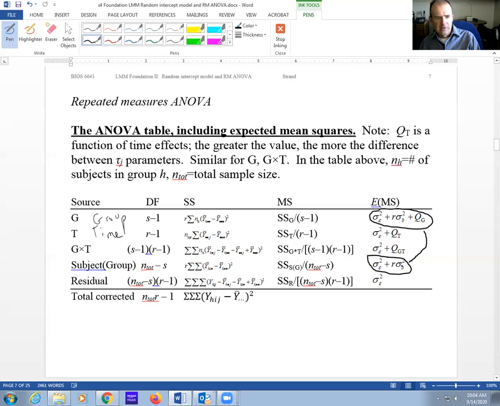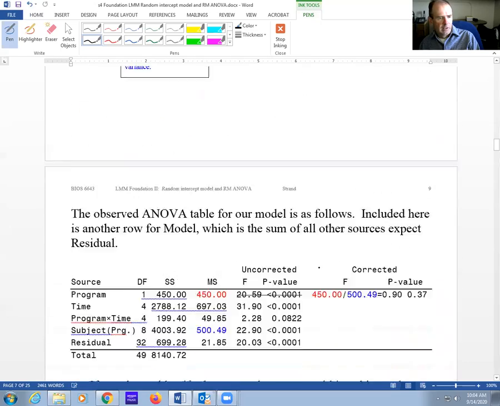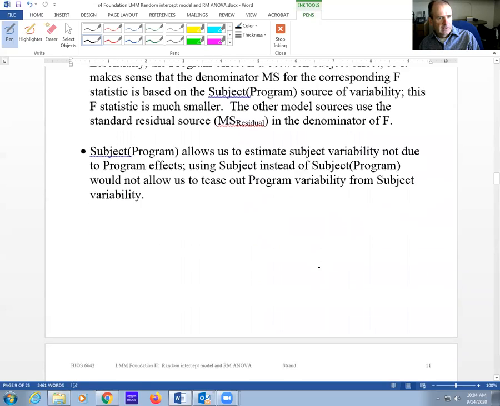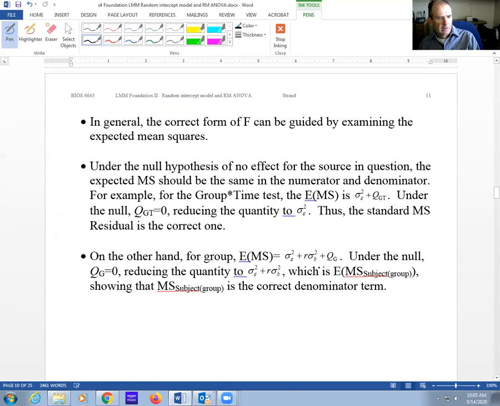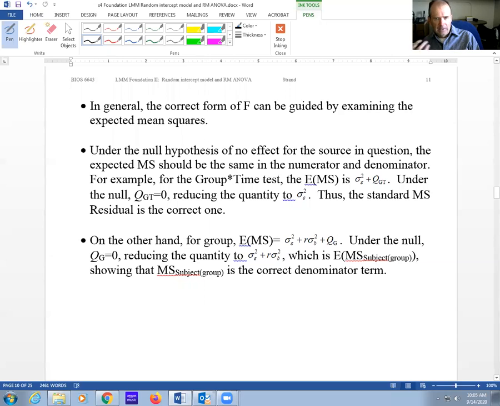So that tells us that when we develop a test for group, we're going to use SSG over S minus 1, and we're going to divide by SS S of G divided by N total minus S. That's how we construct our F statistic. And that's what I'm mentioning on this slide right here. That tells us more specifically why we use that in the denominator for the group test.